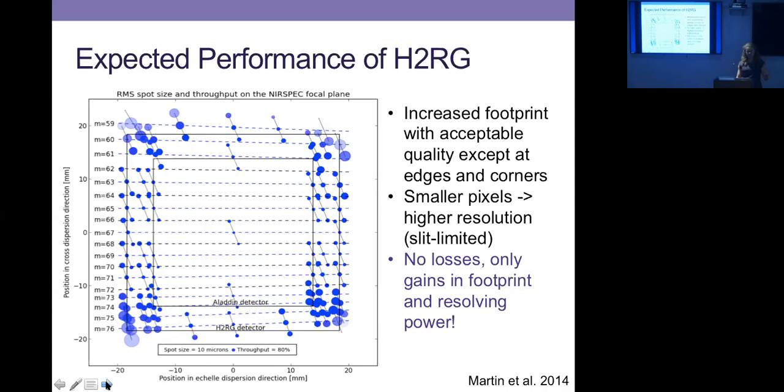But what this means is that replacing the detector with the Hawaii 2RG, we're not changing any of the optics or anything like that, but we are going to end up with smaller pixels, which means that if you're slit limited, you have higher resolution, and you're not actually going to have any losses. You're only going to gain footprint, like actual amount of spectral grasp that you have, and you're going to gain in resolving power.